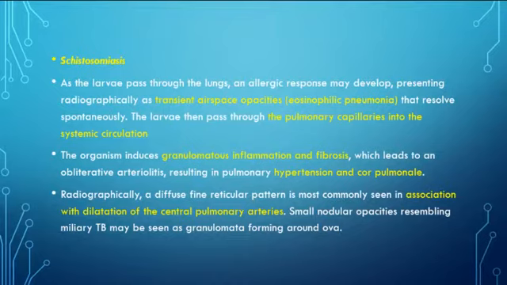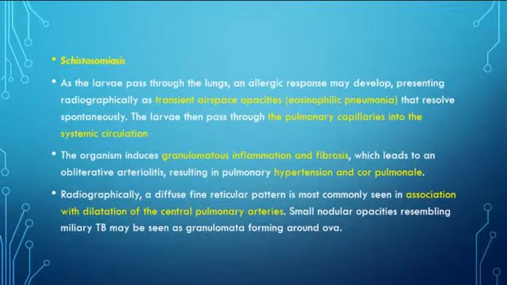Schistosomiasis. As the larvae pass through the lung, an allergic response may develop, presenting radiographically as transient airspace opacities, eosinophilic pneumonia that resolves spontaneously. The larva then passes through the pulmonary capillaries into the systemic circulation. The organism induces a granulomatous inflammation and fibrosis, which leads to an obliterative arteriolitis, resulting in pulmonary hypertension and cor pulmonale.